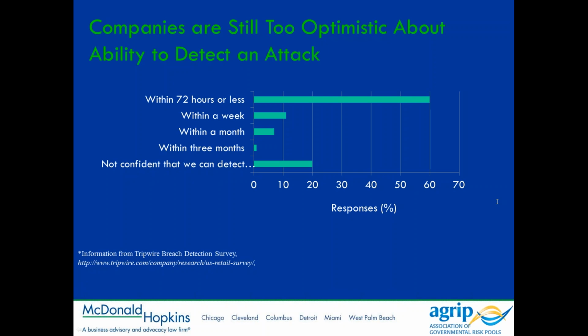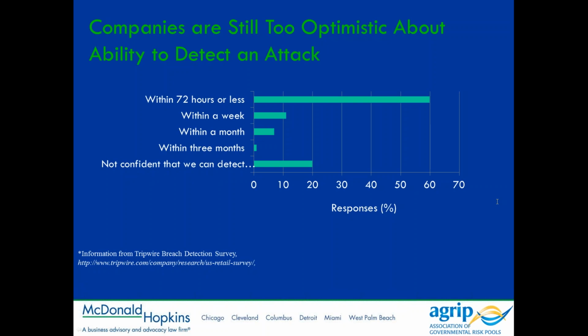Obviously, if you get hit by ransomware and everything's immediately locked up, you're going to know it. But when we talk about the variety of attacks that hit organizations, as you'll see, 60% of the organizations polled said within 72 hours or less, they would detect an attack. And then you see how it drops down to what I would call the most honest group, which is the last 20% that said they weren't confident at all that they could detect.